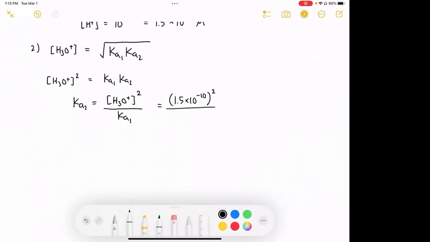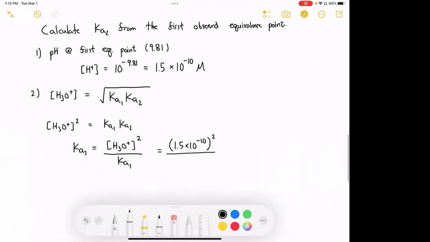Then Ka1 we said at first was 4.0 times 10 to the negative 10. So that will give us our second Ka value.